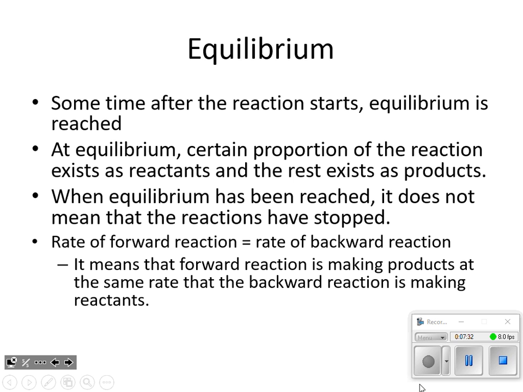So products are being made at the same rate that reactants are being made. I know this is a little bit wordy, so I'll give you a little time with this, but my very last point is that the reaction has not stopped. An equilibrium reaction will never stop. As long as reactants bounce into each other, they can make products. As long as products bounce into each other, they can make reactants. And it'll go on and on and on.